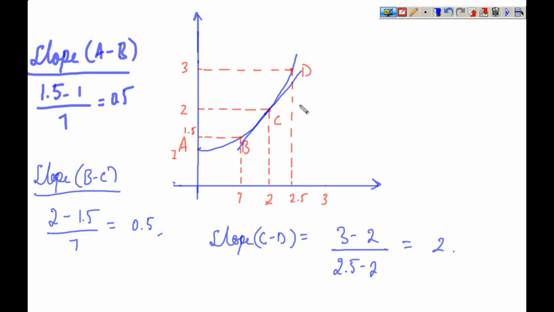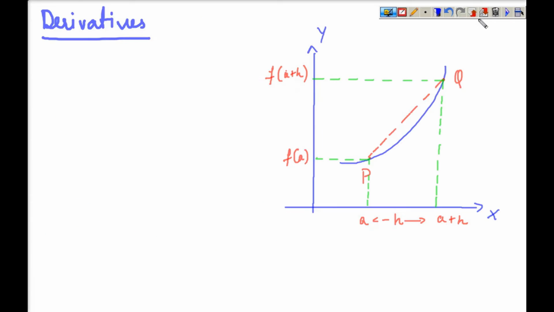Now moving on to the derivatives. The derivative of a function is defined as the rate of change of the function with respect to the independent variable.